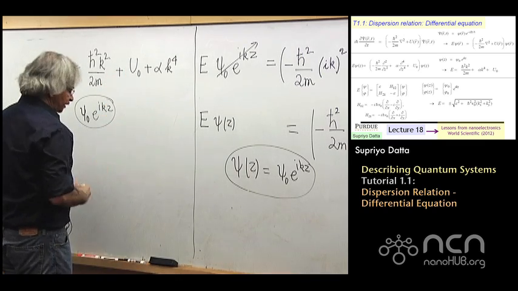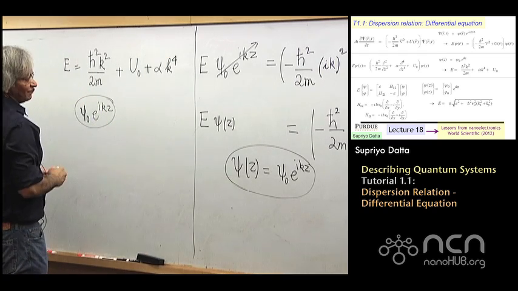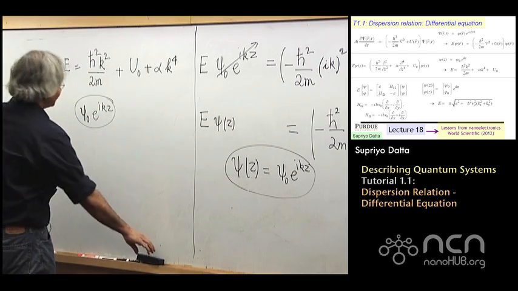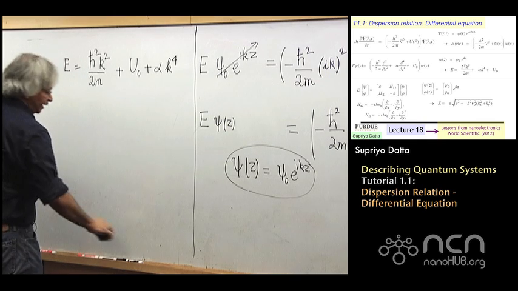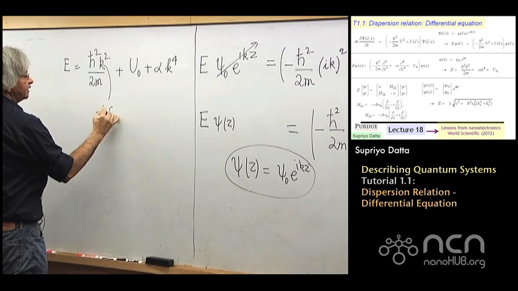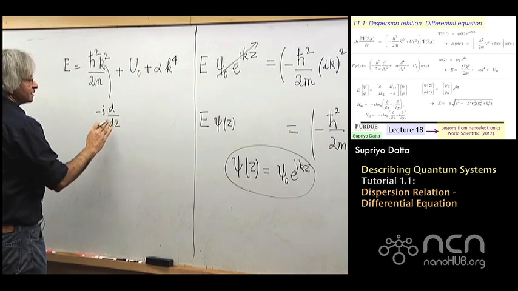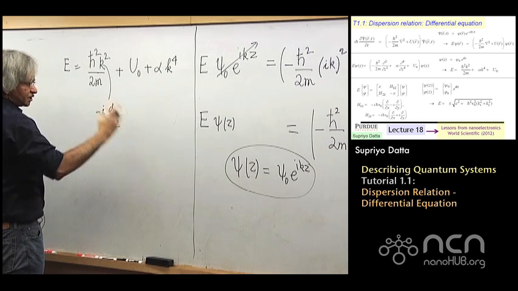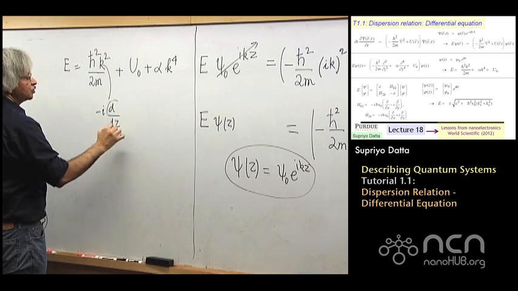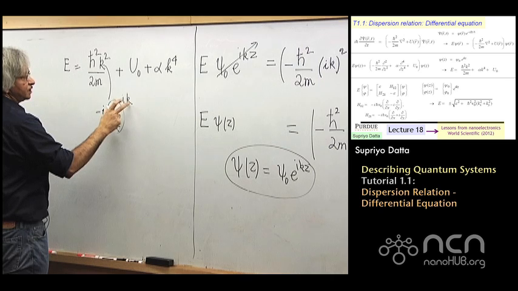Well, what we can easily see is that, if you didn't have this term, the way you would have gone back to the original differential equation would be, instead of k, put minus i d dz. And you can see why, because d dz with exponentials amounts to multiplying with ik. And the i and the minus i then leave just k.